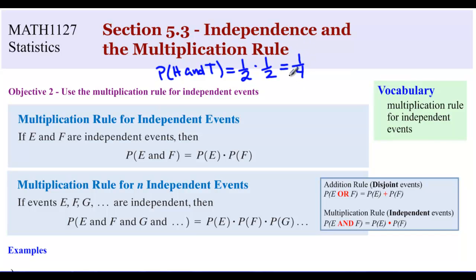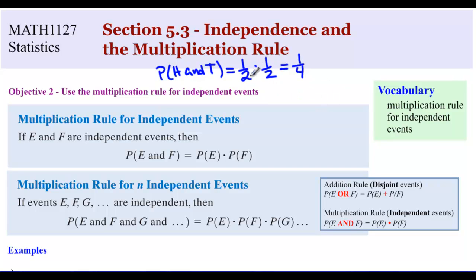So the 1/4 is less likely than either one of these events individually, which hopefully makes sense. If you want to flip a head and then flip a tail, you only have a 1 in 2 shot of getting a head. So you have to hit that first before you even have a chance at successfully completing both tasks.